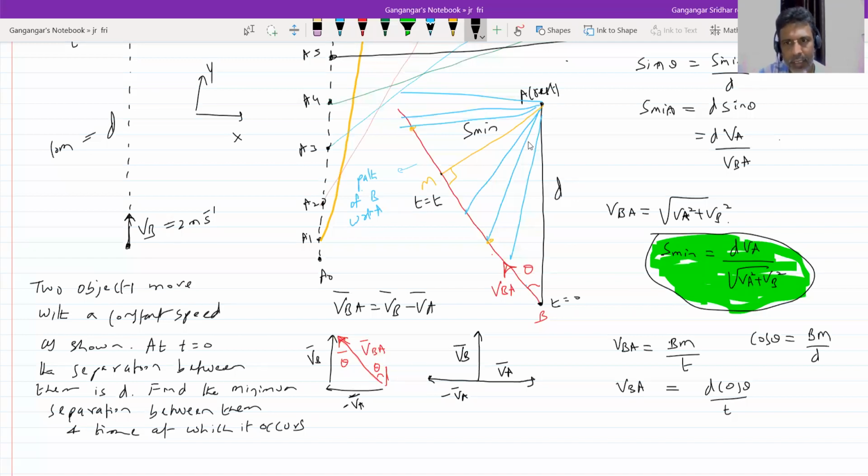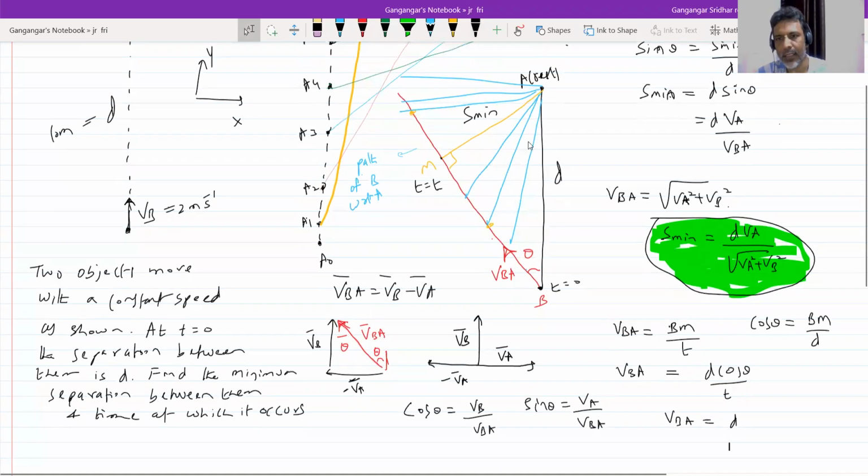Again from the vector triangle, cos theta is VB by VA... substitute this VBA.